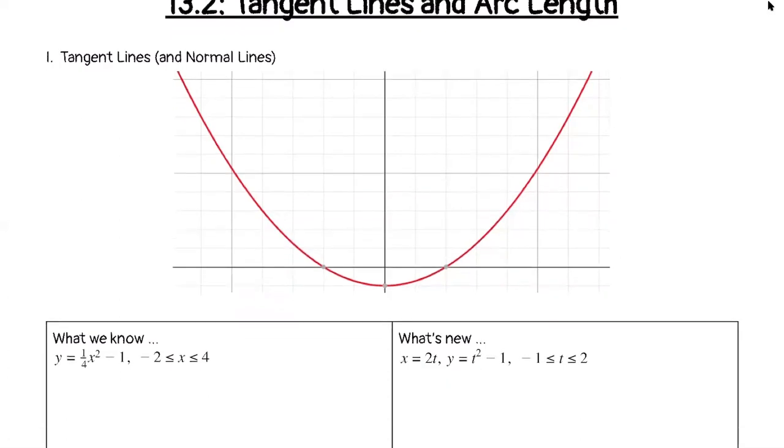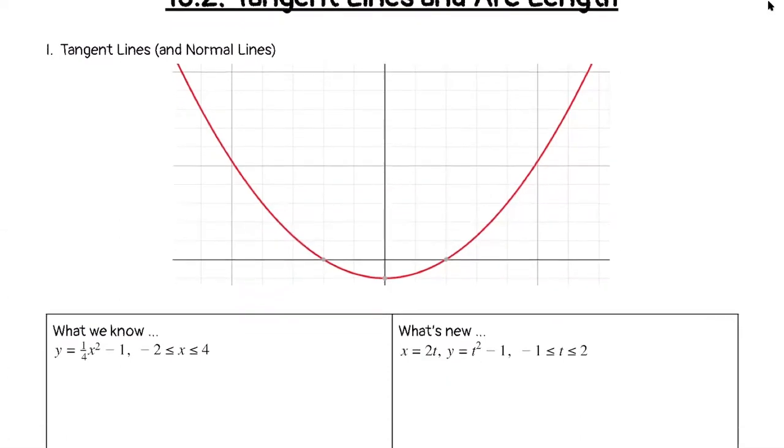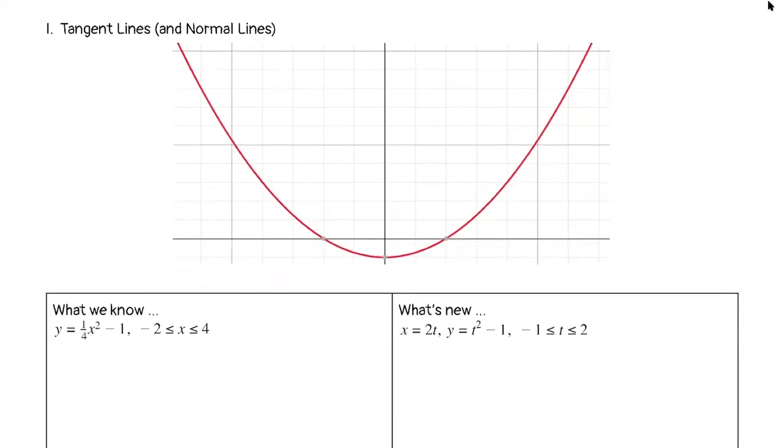So let's take a look with this diagram right here, okay? So right here, I have a diagram of a parabola. In fact, this parabola has the following equation. Y equals 1/4 x squared minus 1. And then I graphed it from -2 to 4.